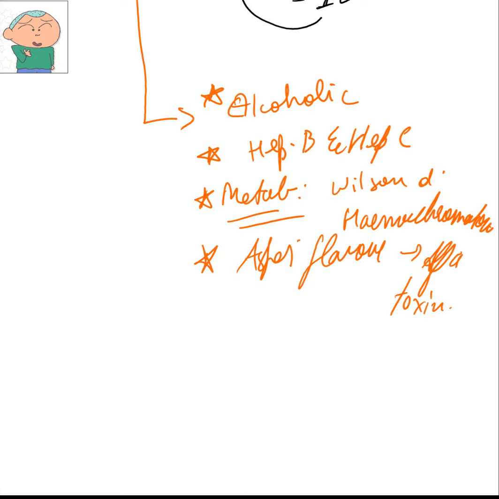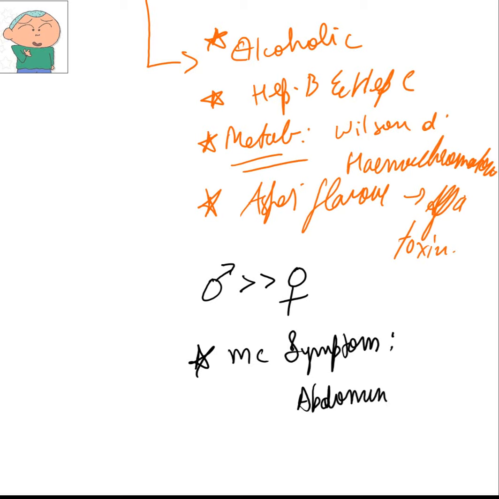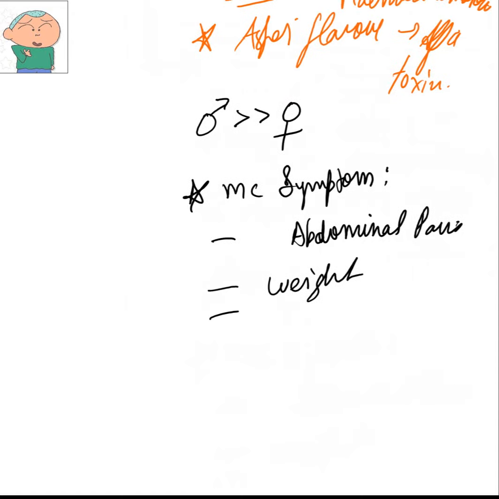Of course, males are more frequently affected than females, and the most common symptom of hepatocellular carcinoma is abdominal pain. Also, there can be associated weight loss and other features like fatigue.